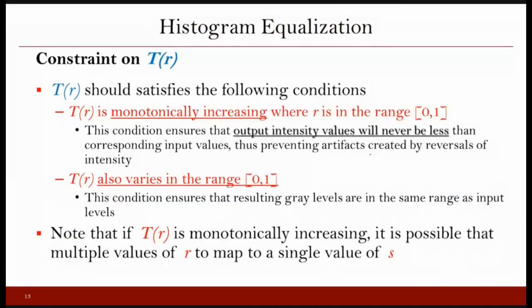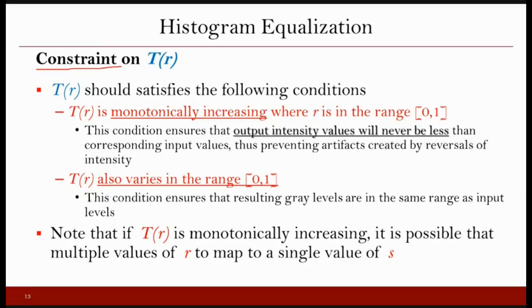Okay. Now there are some characteristics that this T(R) should satisfy, and these characteristics or constraints are required so that our image gives us the same information which it was giving earlier.